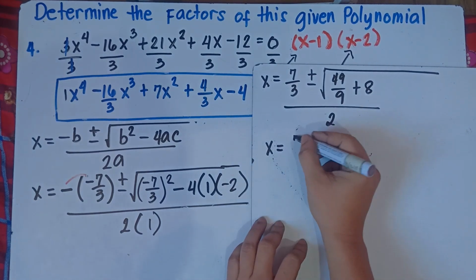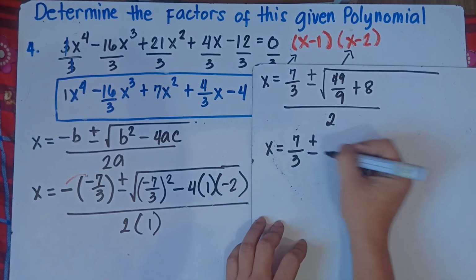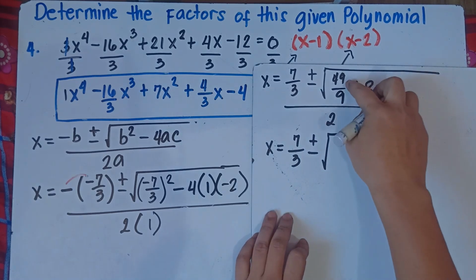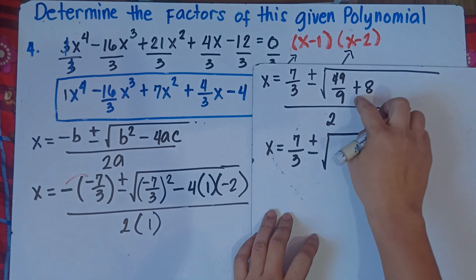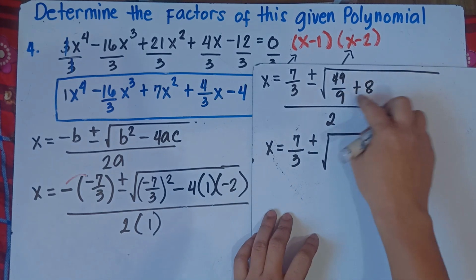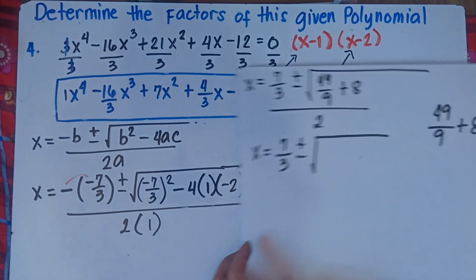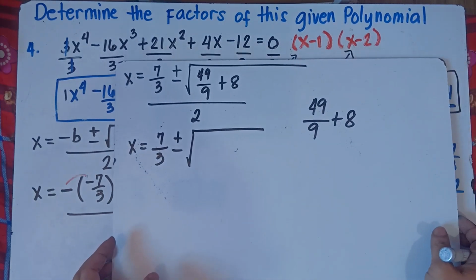x equals 7 over 3, plus or minus the square root of 49 over 9 plus 8. So we add this one, class, 49 over 9 plus 8.